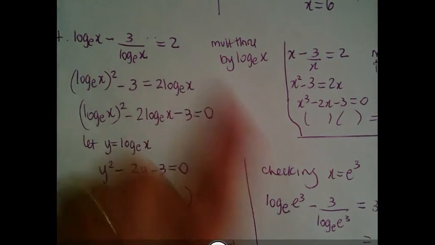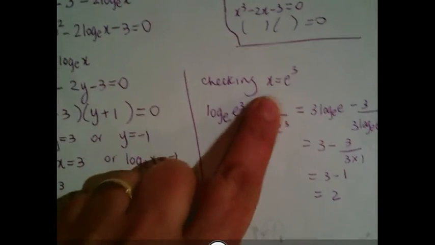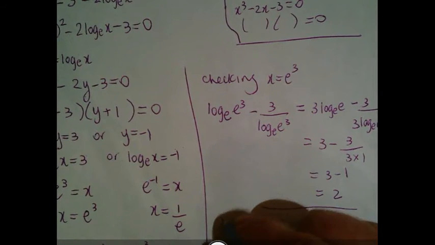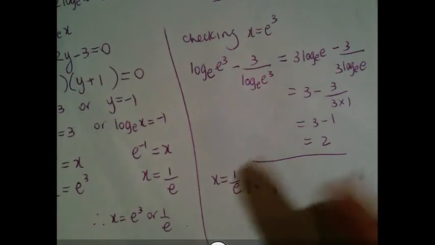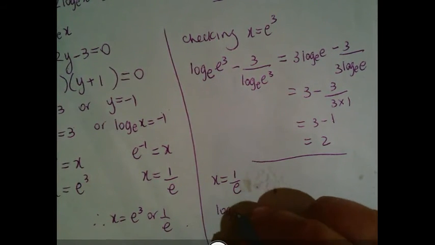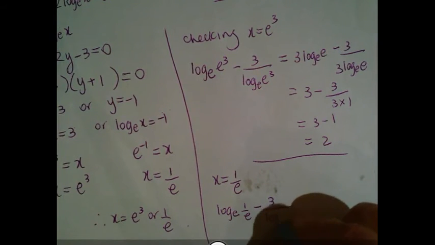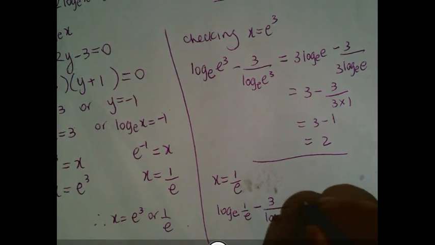Okay, so substituting x is e cubed gives us that. And look, you can check the other one if you want. If x is 1 on e, we get log to the base e of 1 on e minus 3 over log to the base e of 1 on e. And what does that equal?